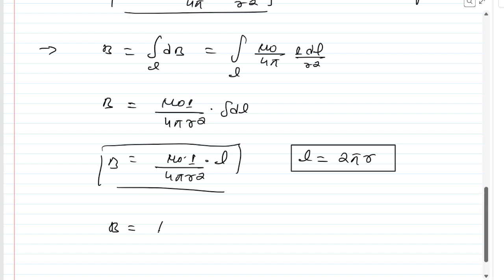So we can write B equal to mu naught I upon 4 pi r square into 2 pi r. One r will cancel, pi will cancel, and 2 over 4 gives 1 over 2.